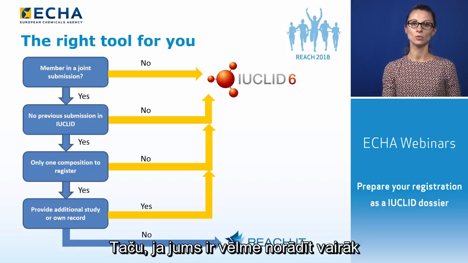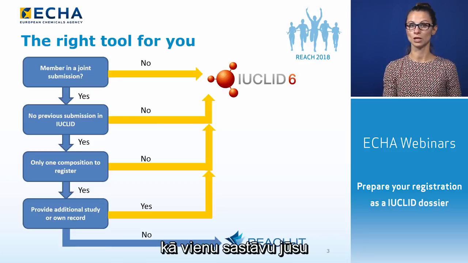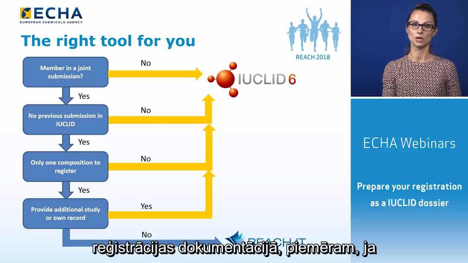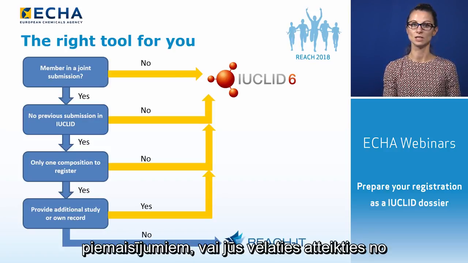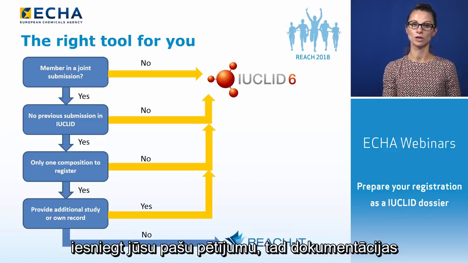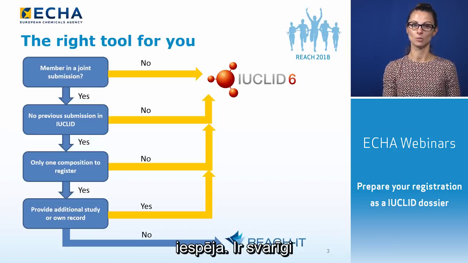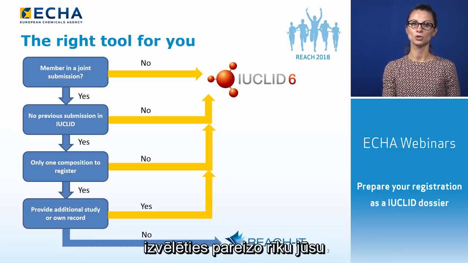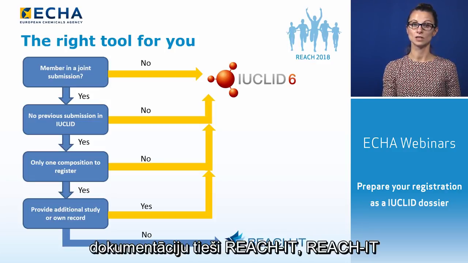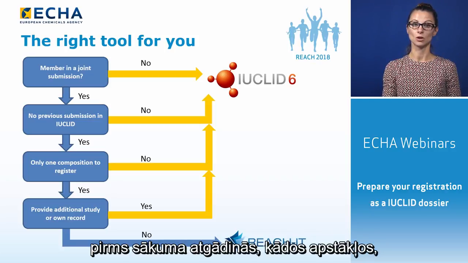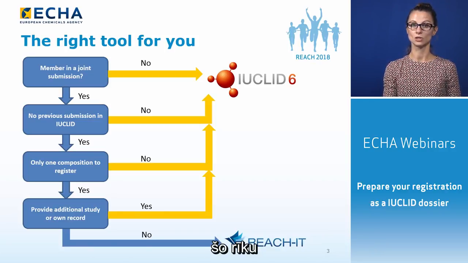In addition, if you wish to report more than one composition in your member registration dossier, for example, if you have a manufacturing process that leads to substances with different impurities, or if you wish to opt out for some studies provided by the lead and provide your own studies, then creating your dossier with Euclid is the only available option. It's important to choose the right tool for your particular case. If you decide to create your dossier directly in ReachIT, ReachIT will remind you before you start of the exact conditions under which this tool can be used.